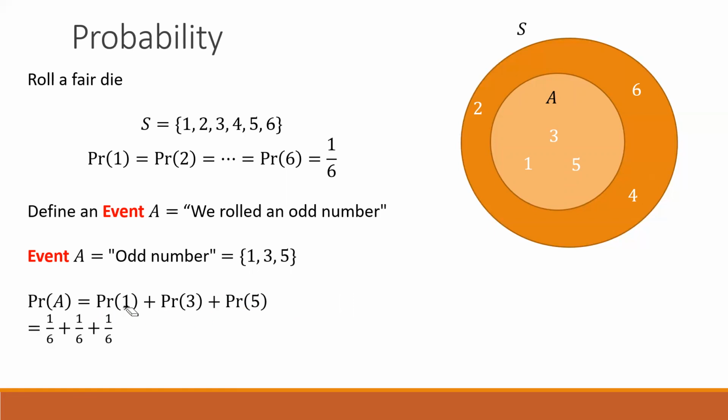So that's 1/6 plus 1/6 plus 1/6 is a 1/2, right? So that's what you would expect from rolling a fair die, if I say, well, what's the probability that it comes up odds versus the probability that it comes up even? Well, they should be half each, since half the numbers are odd and half the numbers are even. Okay, good. Questions?